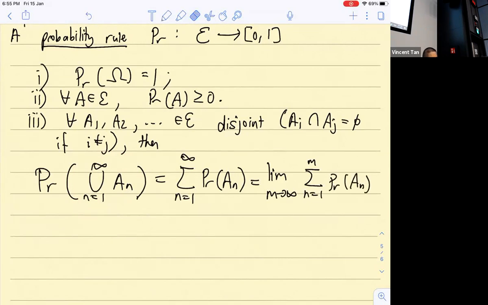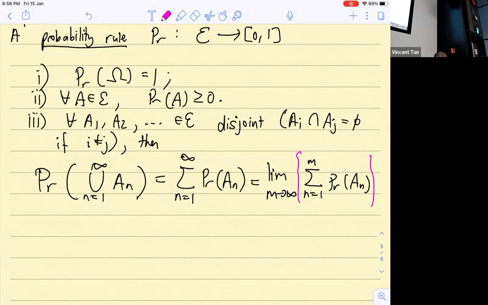Now, something is not very good here, although it's correct. I need to say one more word before I can use something here. I will never allow a student to write limit, because this is a sequence in m. Not every sequence has a limit. You can have jumping around sequences. So you cannot write limit unless you show that the limit exists.